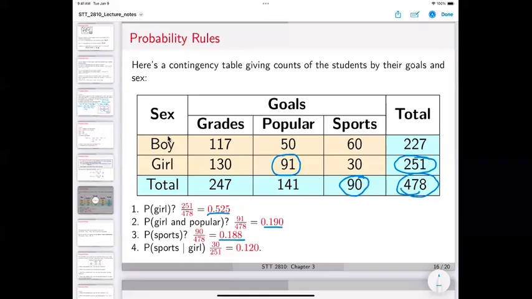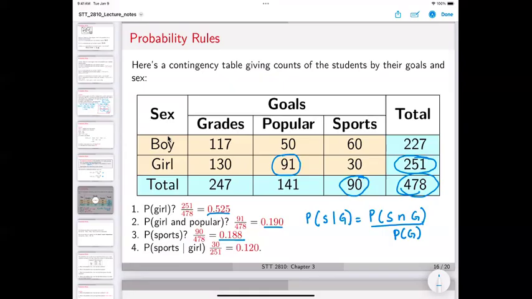Now, probability of sports given that you are a girl. So let's do that. Probability of sports given that you are a girl is equal to probability of sports and a girl divided by probability of what? Girl. Is that okay?